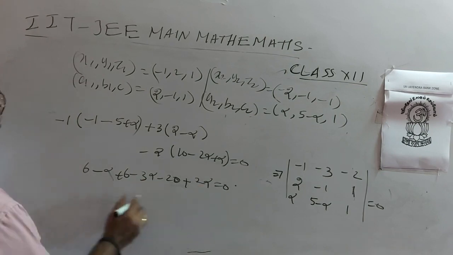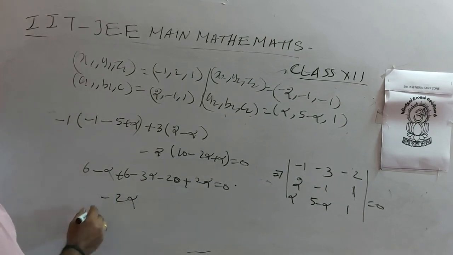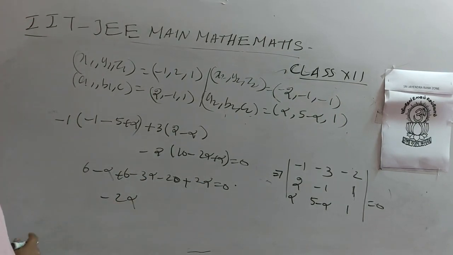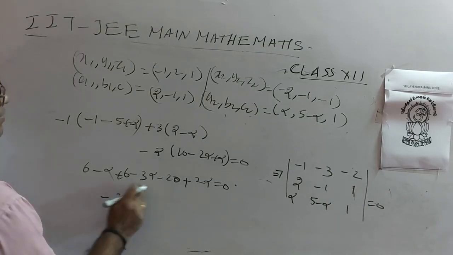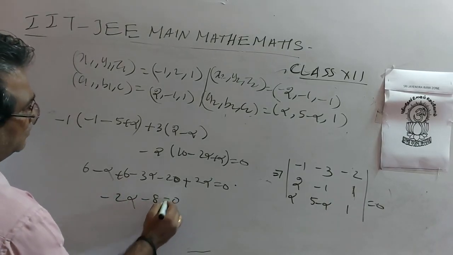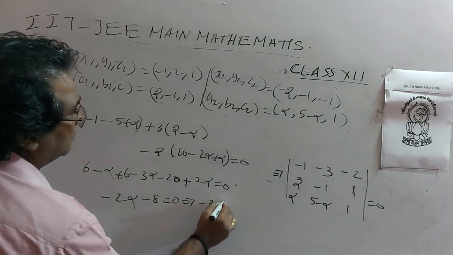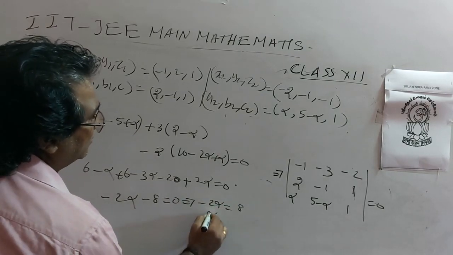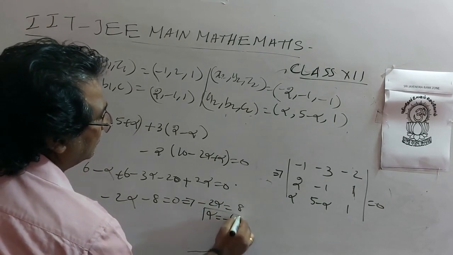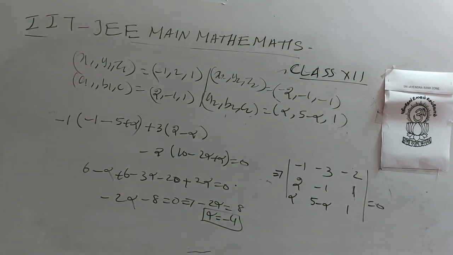Minus 4 alpha plus 2 alpha is minus 2 alpha; 12 - 20 is minus 8. Minus 2 alpha equal to 8. Alpha equal to -4.